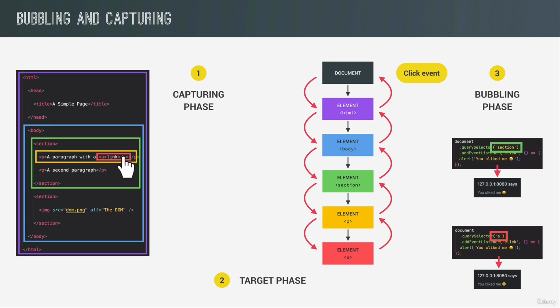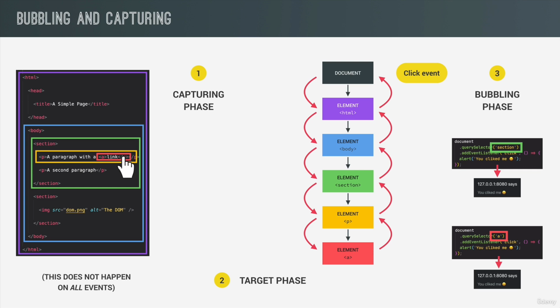Now, by default, events can only be handled in the target and in the bubbling phase. However, we can set up event listeners in a way that they listen to events in the capturing phase instead. Also, not all types of events have a capturing and bubbling phase.